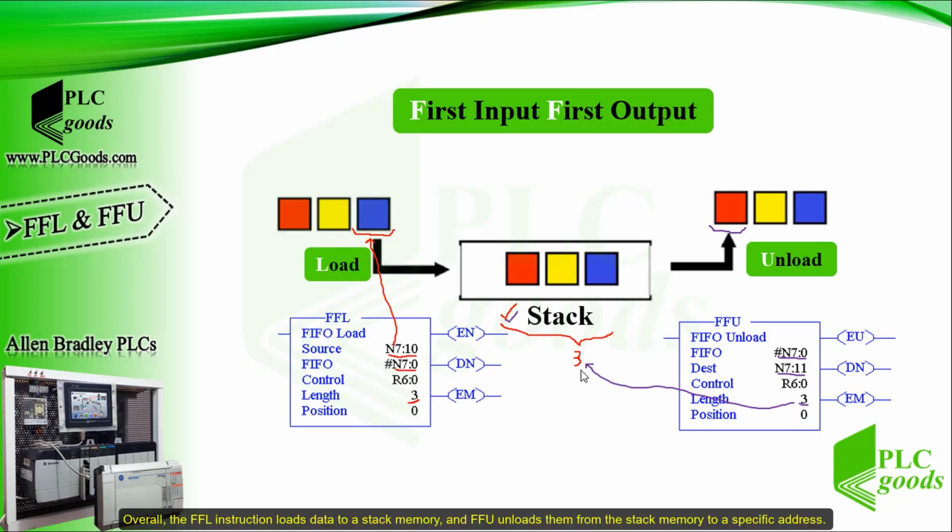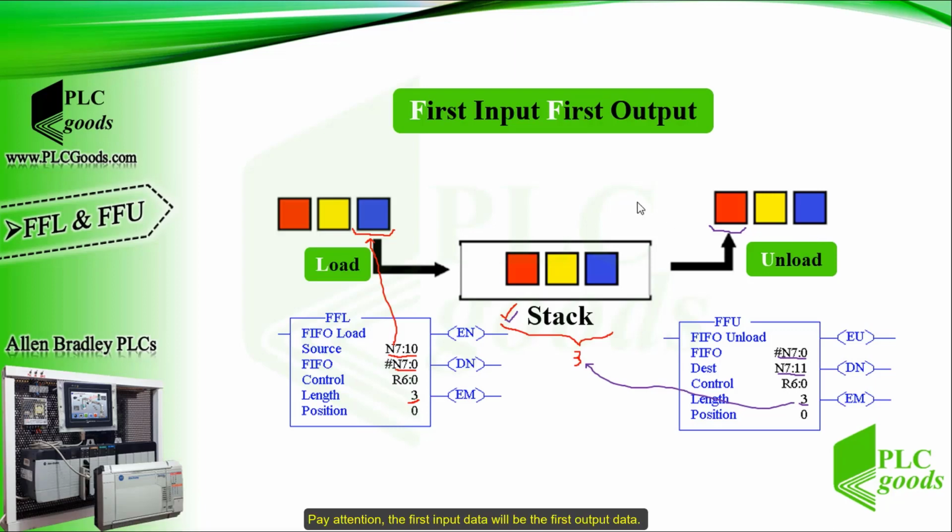Overall, the FFL instruction loads data to a stack memory, and FFU unloads them from the stack memory to a specific address. Pay attention. The first input data will be the first output data.